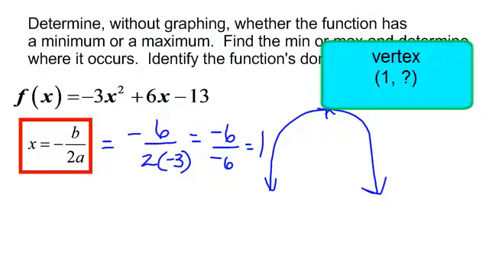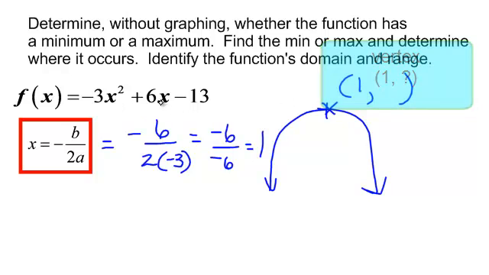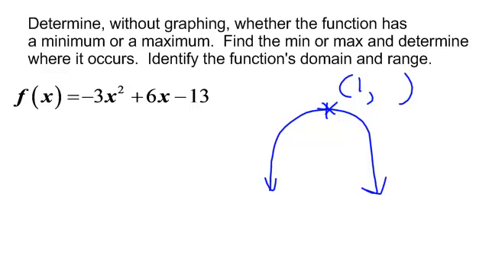Now in order to find y, I need to take 1, plug it in for x, and do a little math. So f of x, that's just y, is equal to negative 3 times our x, which is 1, squared, plus 6 times x, which is 1, minus 13.